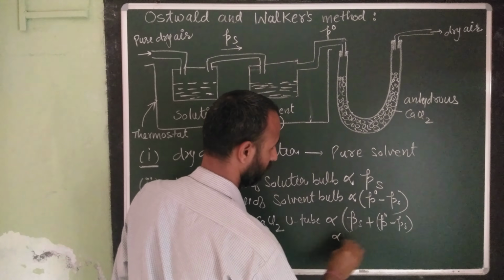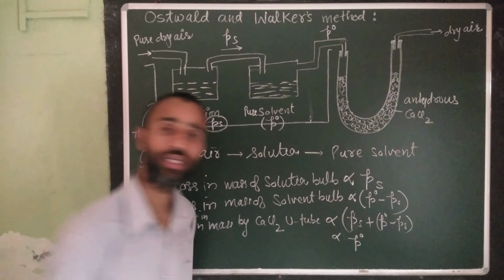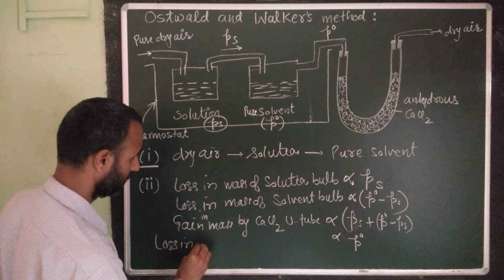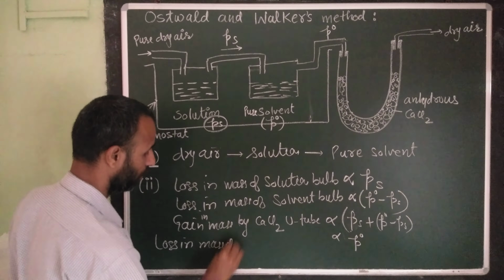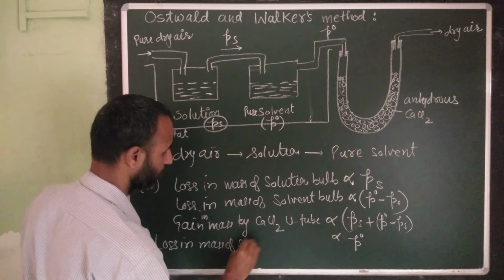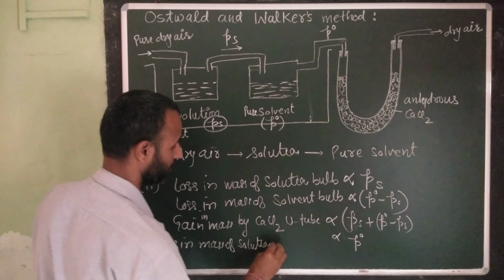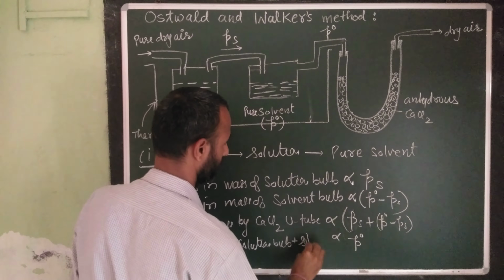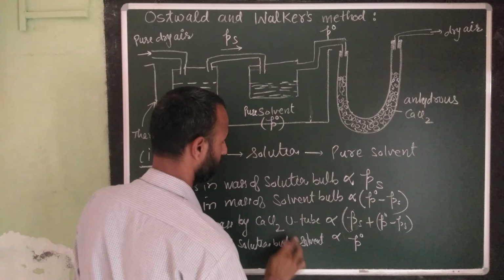So obviously it is proportional to P naught, or it is also denoted by loss in mass of solution bulb plus solvent bulb.